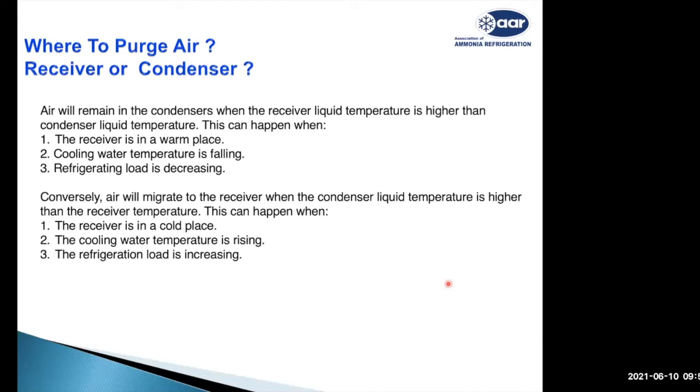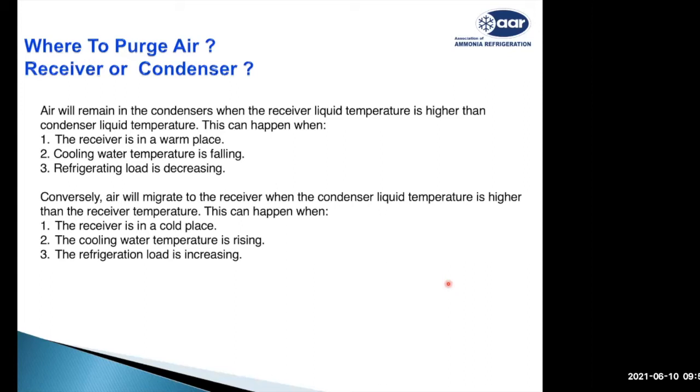It means my receiver and condenser will be at different temperatures. The condenser water is cooling down, and when there is a change in the refrigeration load, that is, suddenly my refrigeration load is decreasing, it means I have more condensing function occurring, then air will remain in the condenser.